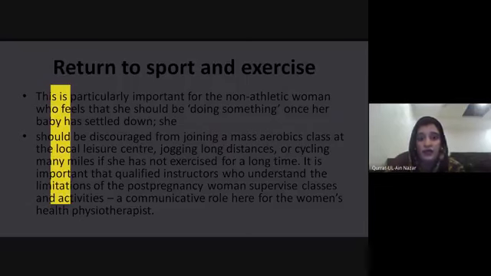It is important that qualified instructors who understand the limitations of post-pregnancy women supervise classes and give activities for the athlete women. A valuable role here for the women's health physiotherapist is to give an ideal activity for this woman, which is swimming.